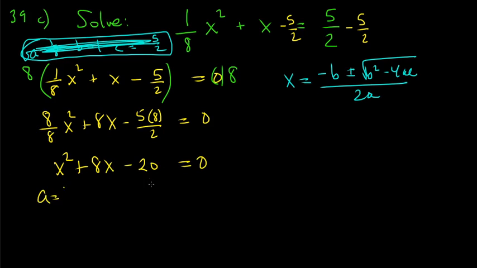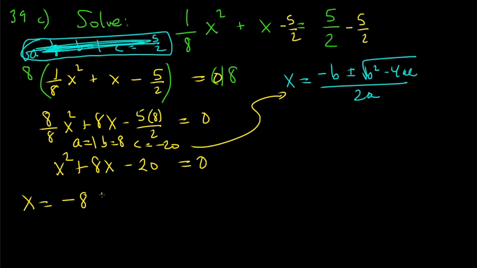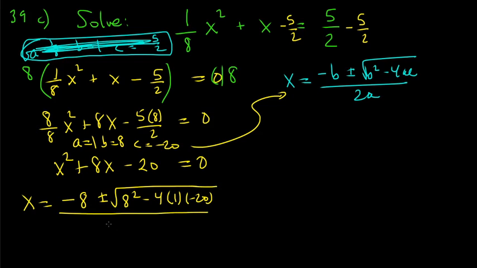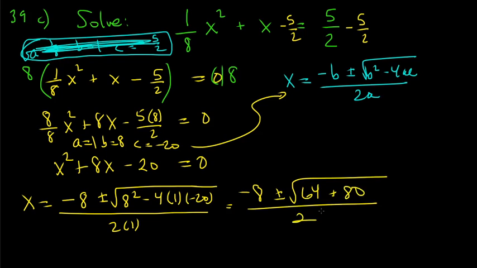Now, no issue, right? a is 1, b is 8, and c is negative 20. Plug those numbers into the formula. So negative 8 plus or minus the square root of 8 squared minus 4 times 1 times negative 20, all under the square root, divided by 2 times 1. All right, so negative 8 plus or minus the square root of 64 plus 80 over 2.